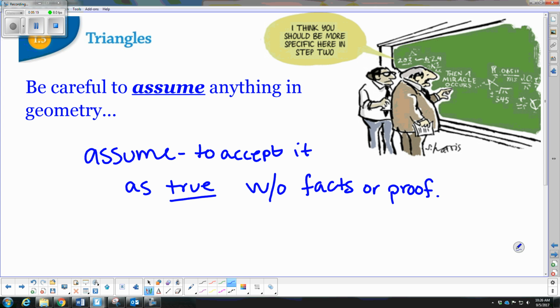Sometimes we'll have diagrams that make triangles look congruent or make lines look parallel or perpendicular, but if there's no evidence showing that they're congruent, you may not assume that. So just because two angles look congruent does not mean they are.